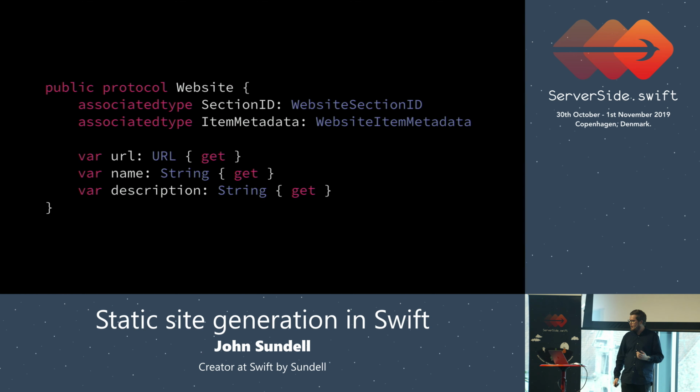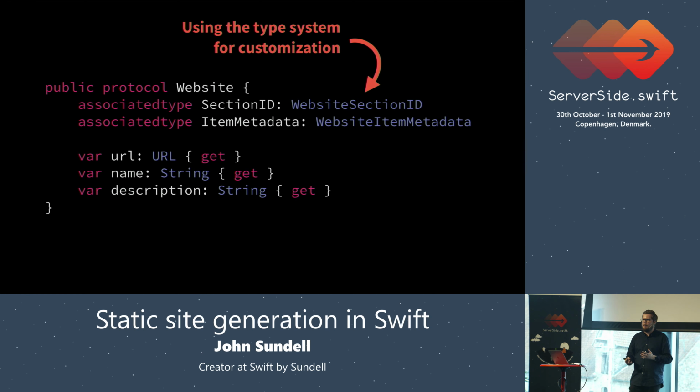And the important part here, or the key part, is that I use the type system to enable users of the static site generator to customize it. So you can define your own sections that your website will contain. For example, you might have posts, or contact me, or my resume, or if you're a restaurant, you might have the menu, or make a reservation, whatever different sections that your website contains.